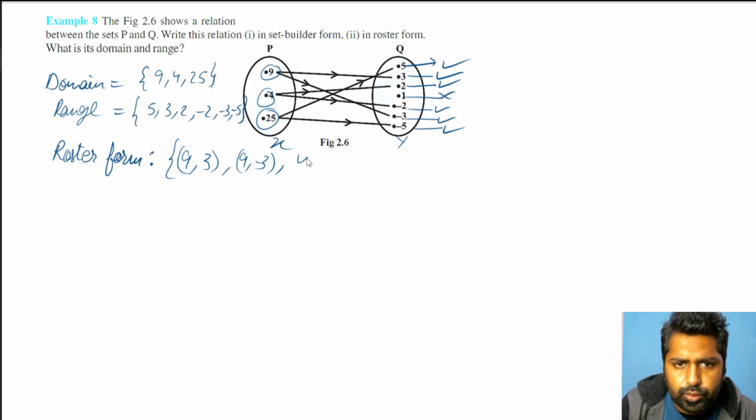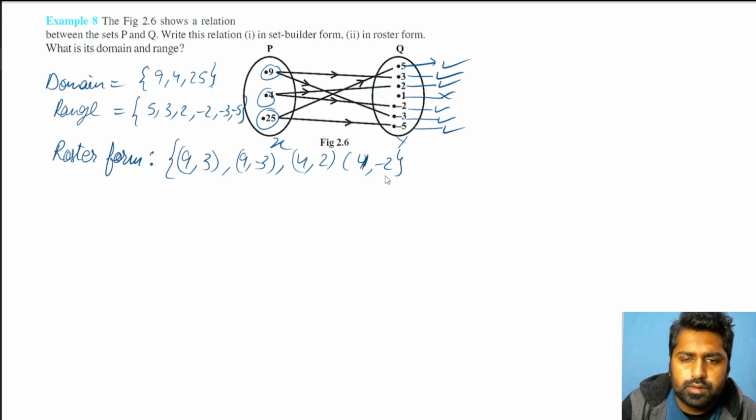Similarly, what else is there? 4 is being related with 2, 4 comma 2. 4 is being related with -2, 4 comma -2.